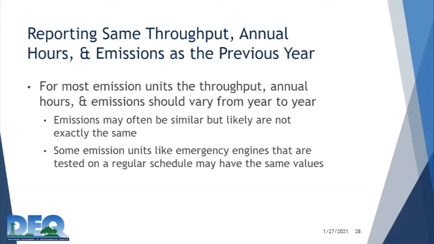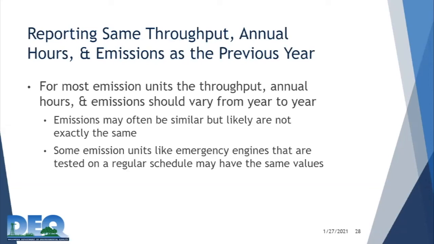All right, moving on to another check that we do. We look for instances where companies report the same throughput, annual hours, and emissions as the previous year, when they're exactly the same from year to year. For most emission units, the throughput, annual hours, and emissions should vary from year to year. They might be similar, but it's highly unlikely that they are exactly the same.